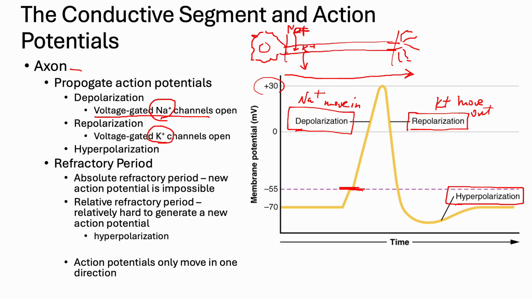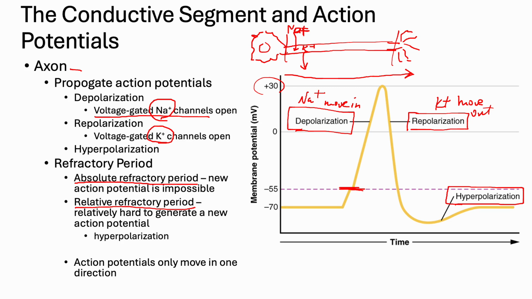There are two parts of the refractory period. The first is the absolute refractory period, which occurs first. Absolute means another action potential is impossible. It cannot happen. Immediately after that is the relative refractory period, which means it is harder than normal to generate an action potential because the membrane is still hyperpolarized, but it is possible at that point.